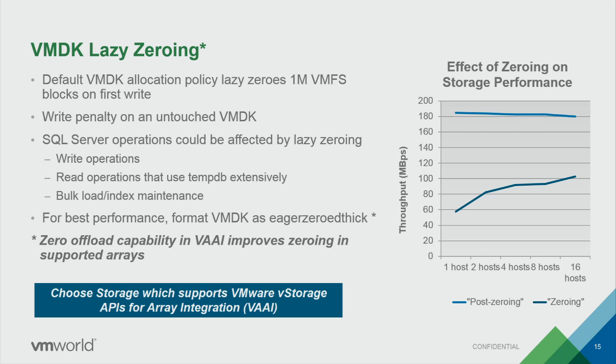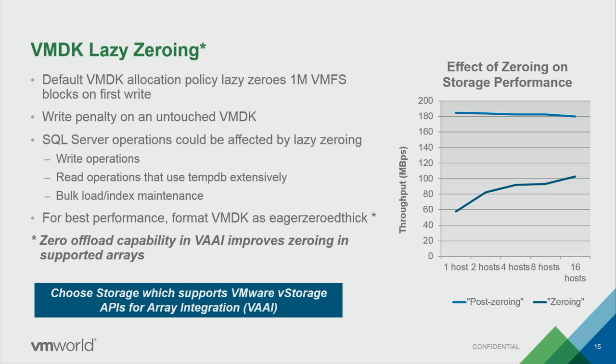There are several SQL operations that can be affected by lazy zeroing. Number one is writes. Writes are what's most affected, but also read operations that use tempdb a lot. If you have bulk loads or index maintenance, that can really show a lot of performance problems with lazy zeroing.